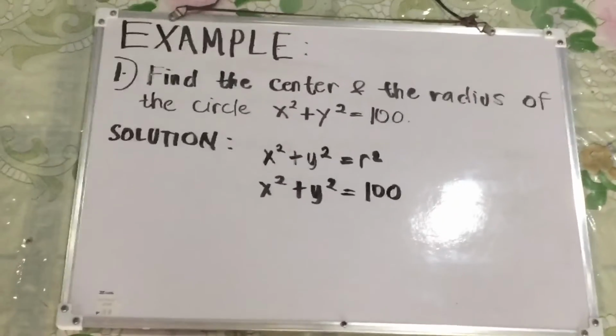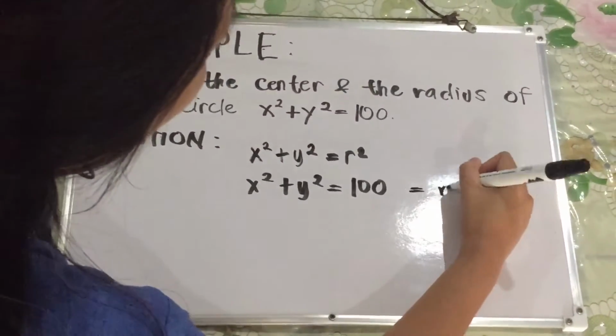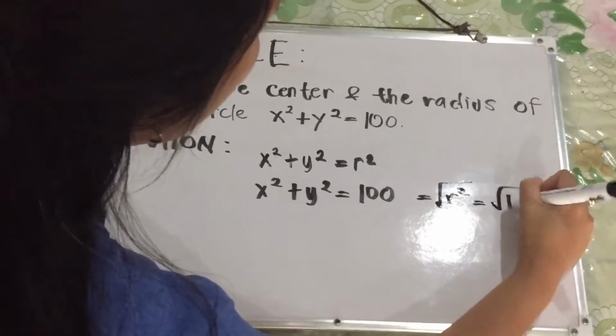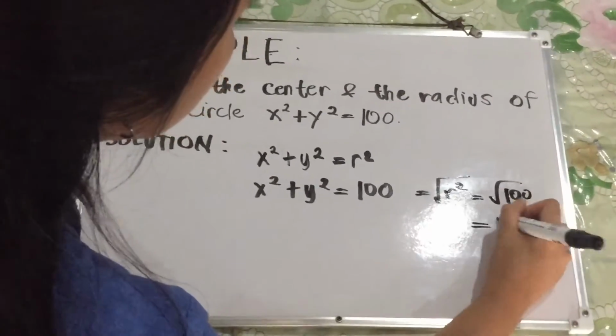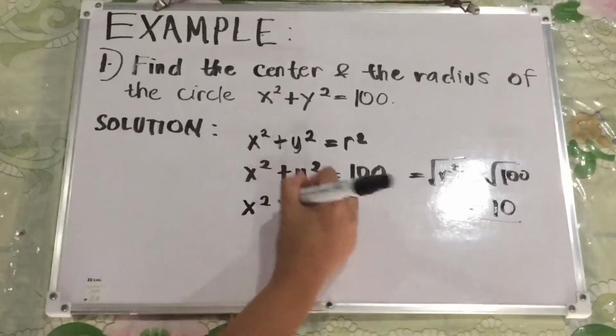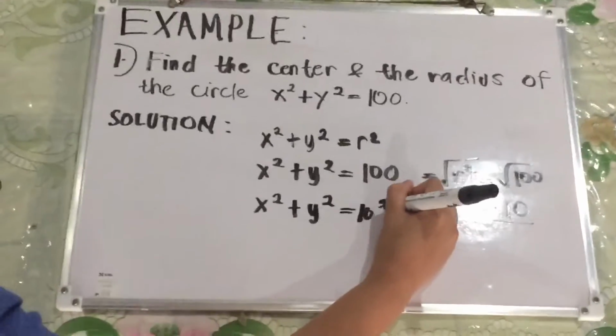So the square root of 100 is 10. So the answer is x² + y² = 10².